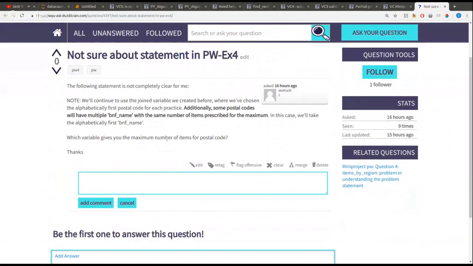Which variable gives you the maximum number of items for the postal code? We will have to calculate it. That is precisely what the question is asking you to calculate.